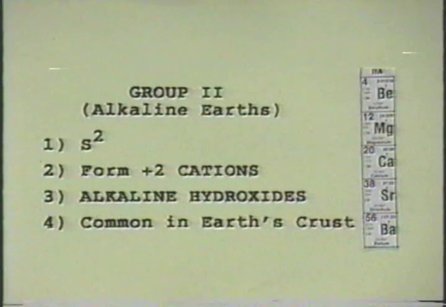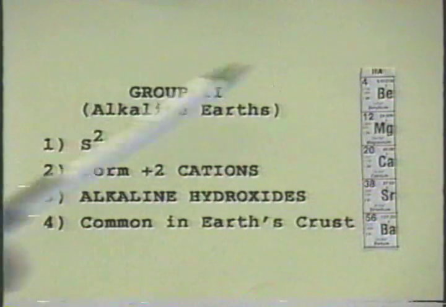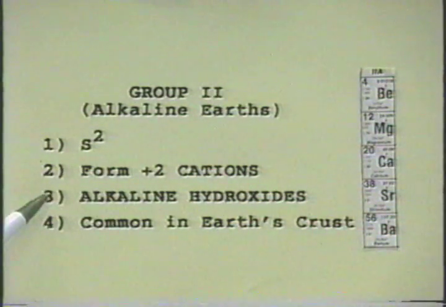All of these group 2 elements have the s2 valence shell electron configuration. These 2 electrons are very easily lost to give the +2 cation. Group 2 elements are electropositive, and with the exception of beryllium, their hydroxides then are alkaline.